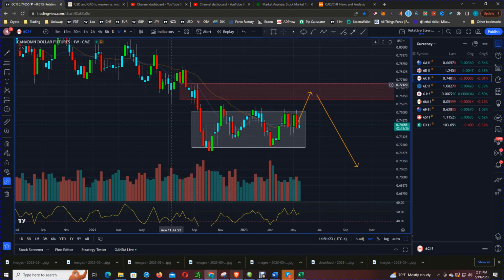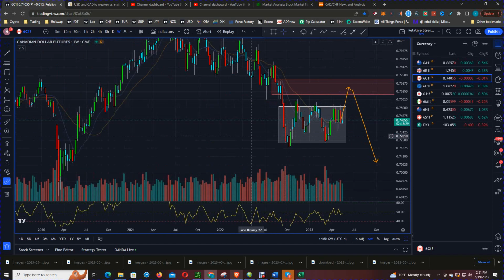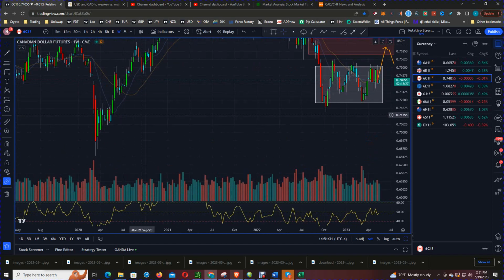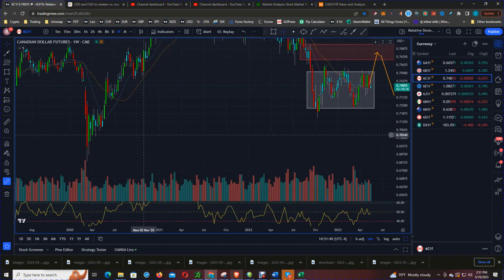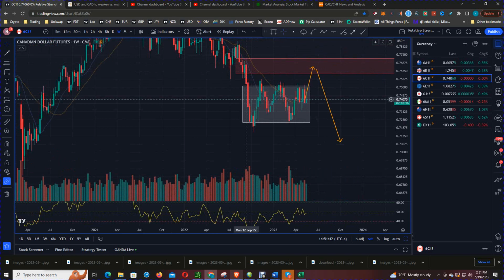There's a lot of trading to the left, so there could be less of an imbalance between buyers and sellers. Yeah, this is the pandemic lows. This is when oil went negative. Okay, so that's the Canadian dollar.